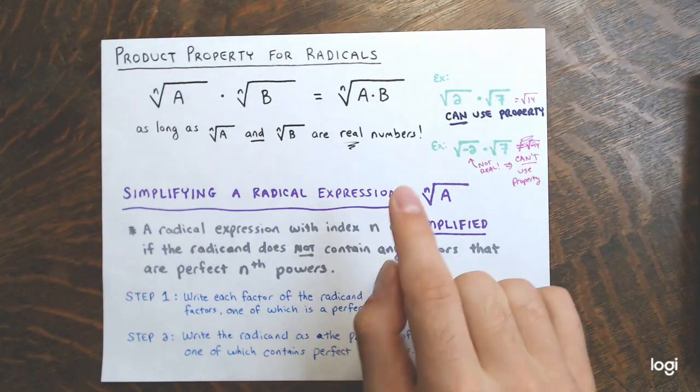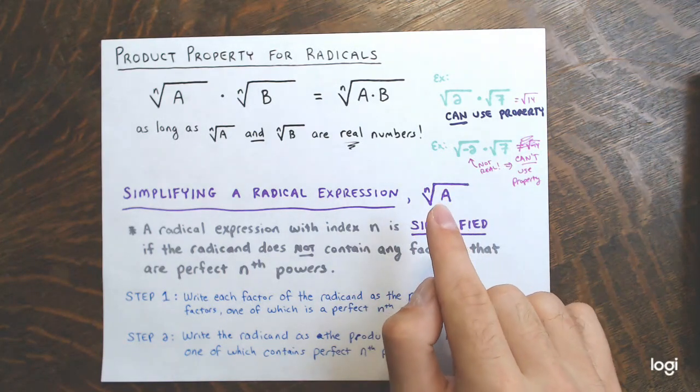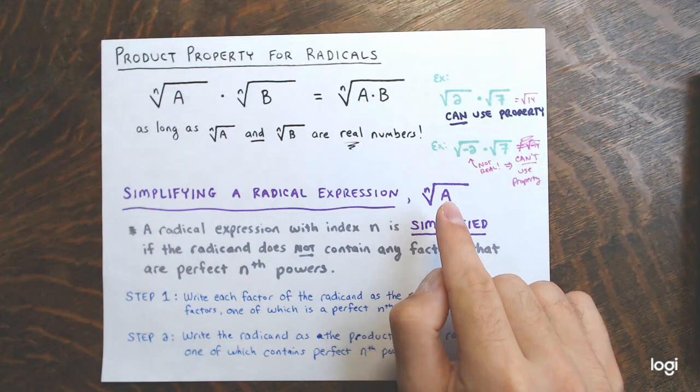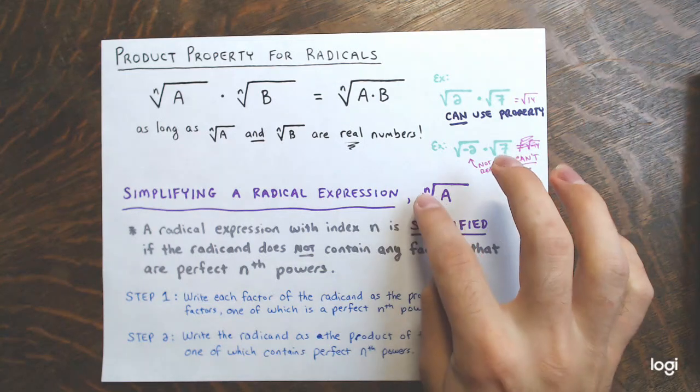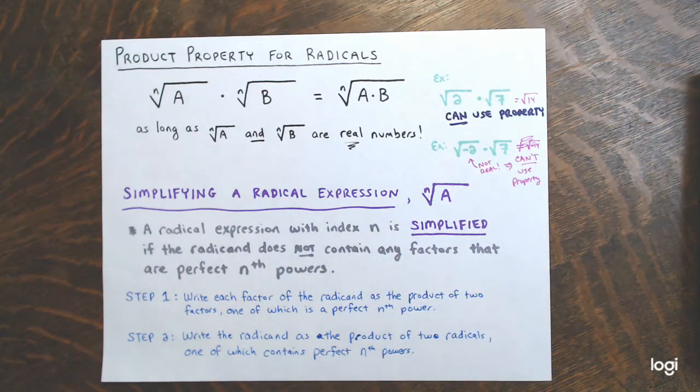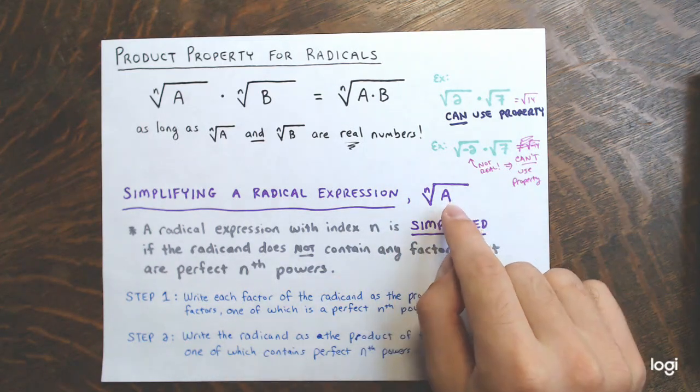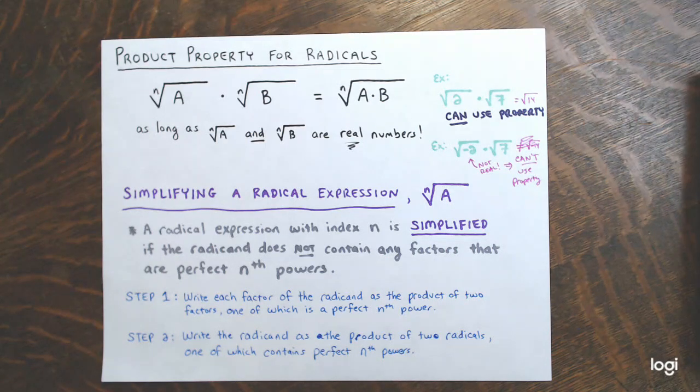So if we're doing a square root, the radicand can't have any factors that are perfect squares. If I'm doing a cube root, index of 3, the radicand can't have any factors that are perfect third powers or perfect cubes, and so on.